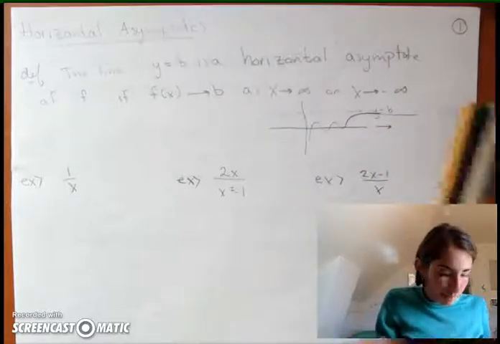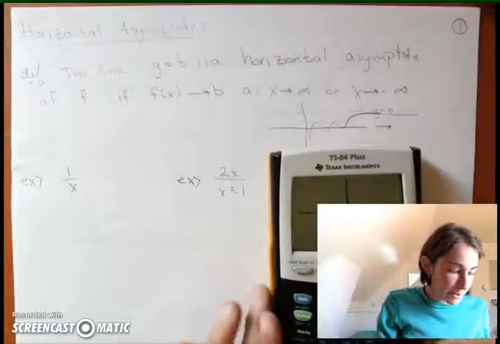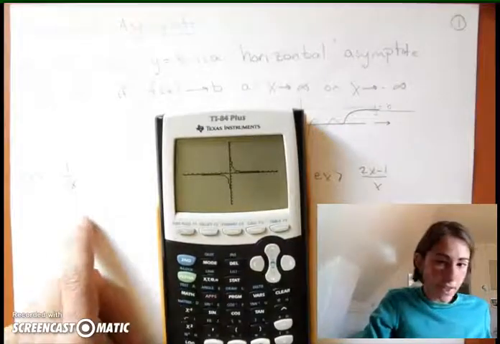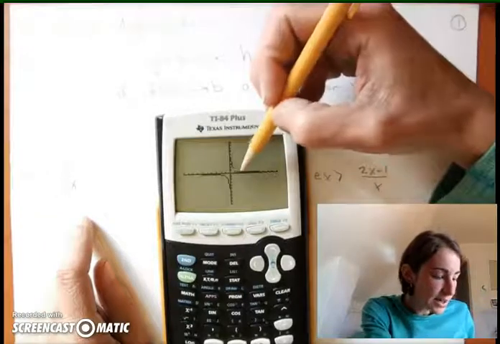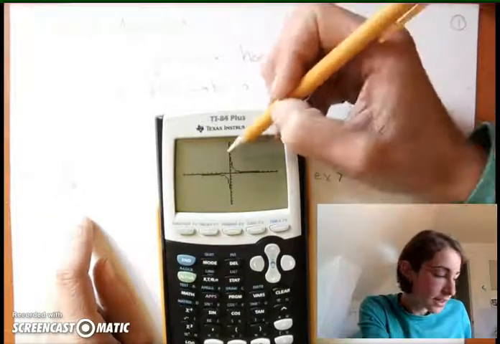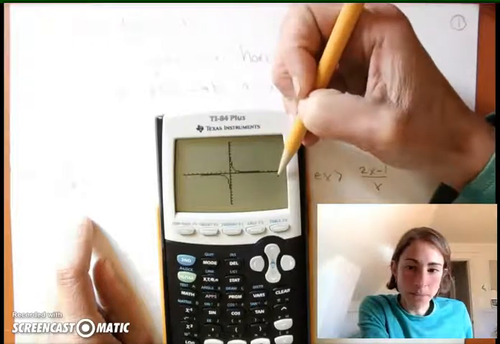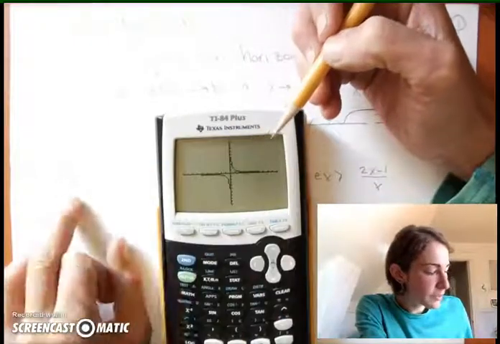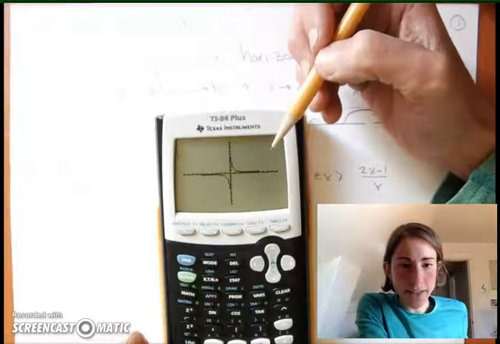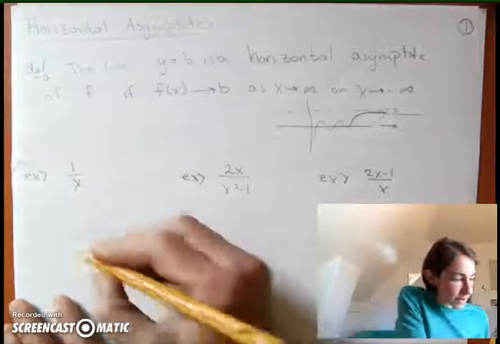So here's an example, again, one you've seen before. This is the graph of 1 over x. As the x values get really, really big, the graph starts to look like the horizontal line y equals 0. But we know that this function, 1 over x, can never actually equal 0, so that makes it a horizontal asymptote.